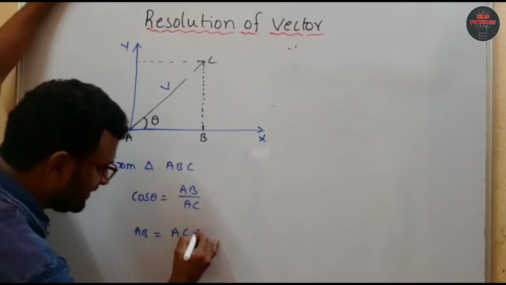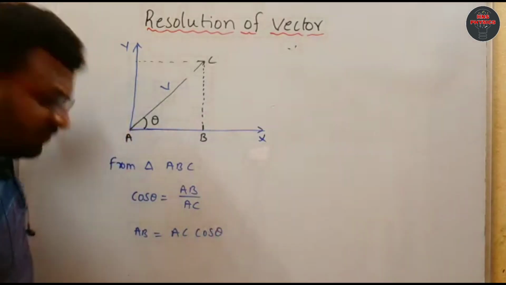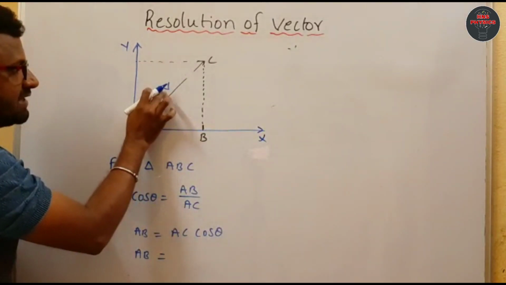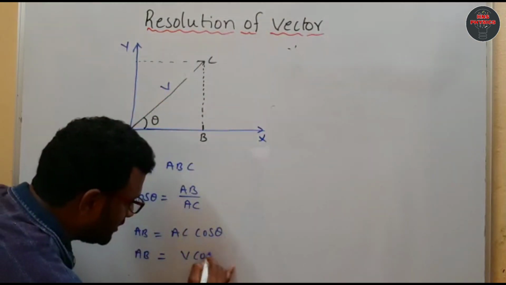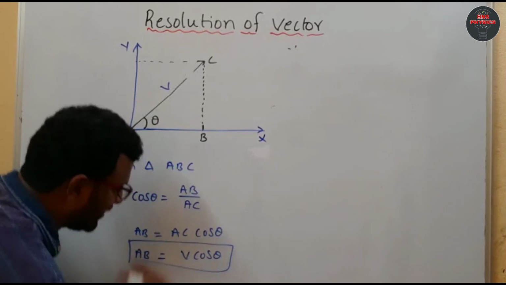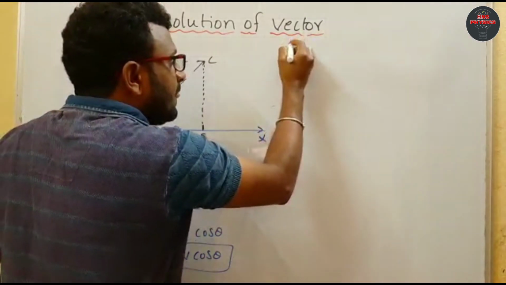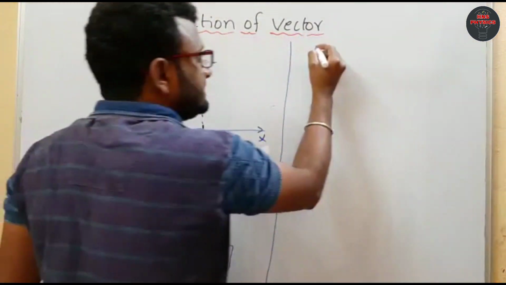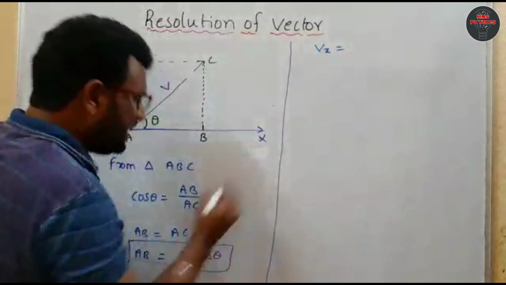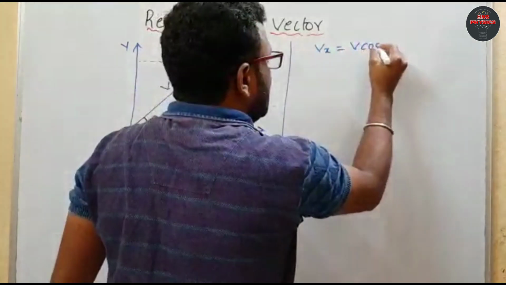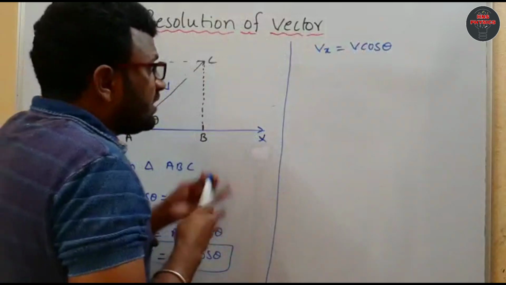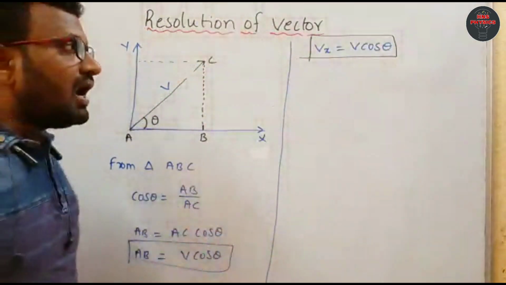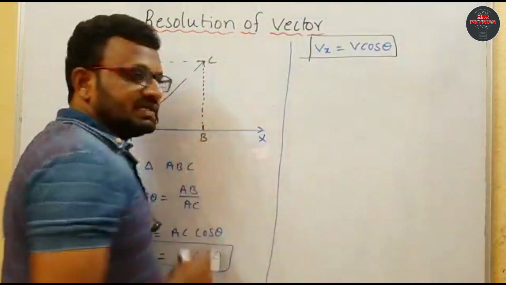But the AC value is nothing but the magnitude of velocity, so AB equals V cos theta. So what is the horizontal component, or the velocity component along the x-axis? That is Vx is equal to V cos theta. So this is the horizontal component along the x-axis, or the velocity component along the x-axis, right?